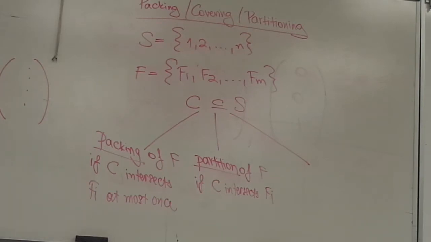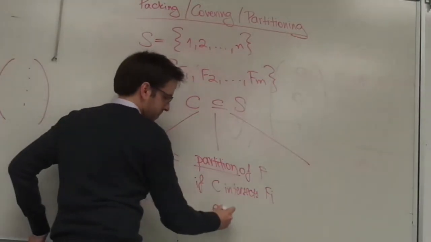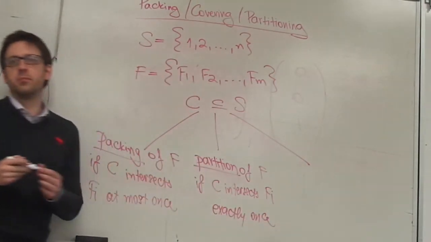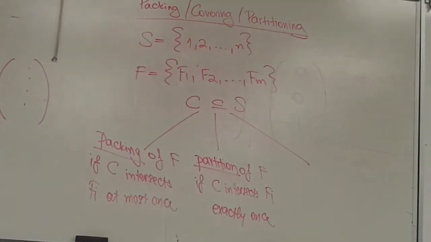Do we have any multiple elements, for example? No, right? When we are partitioning something, we intersect every set exactly once. So now the empty set is no longer a feasible solution because you haven't partitioned what's going on.